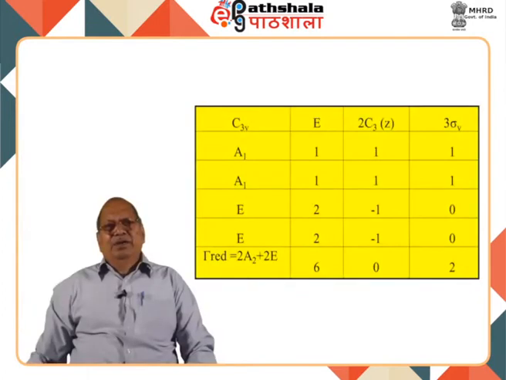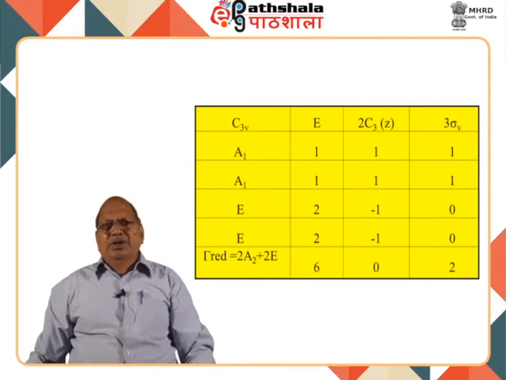How can I verify this result, whether my reduction is correct or not? We can verify by adding the characters for 2 times A1 plus 2 times E. Column addition gives the character of tau reducible representation. We look at the table of C3v.